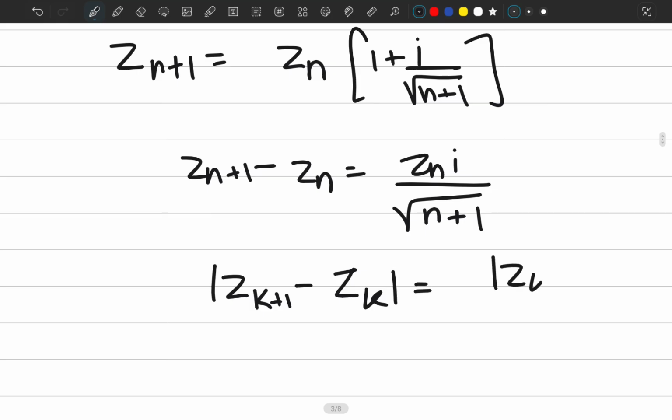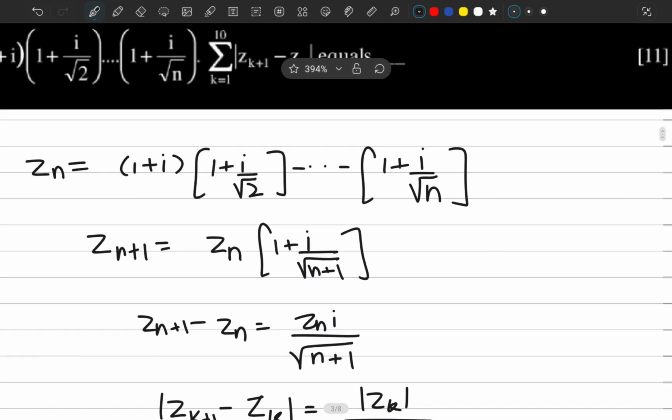It will be the modulus of z(k+1) minus zk, right?